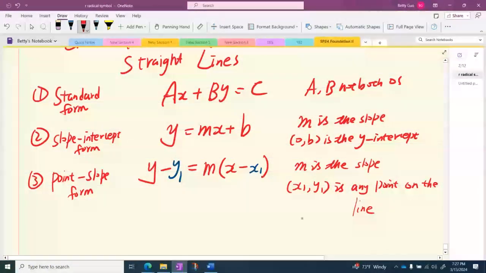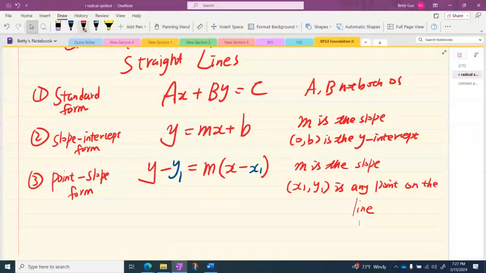That gives a special characteristic of point-slope form: it is not unique. The point could be any point on the line. How many points do we have on a straight line? We have infinitely many, so we could come up with infinitely many different point-slope forms for one straight line.